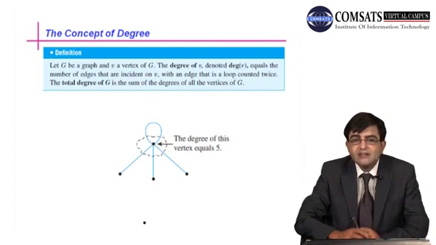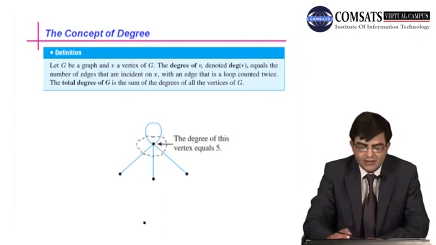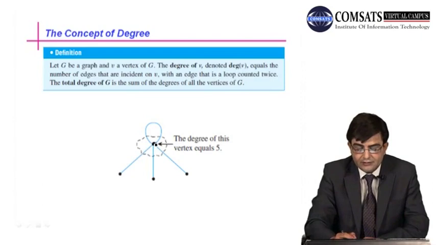So what is a degree? Degree is a concept related to the vertices in the graph. For example, if we are given this graph and we want to calculate the degree of this vertex, we have to see how many edges are incident on this vertex.